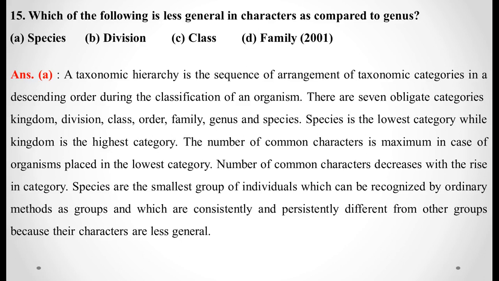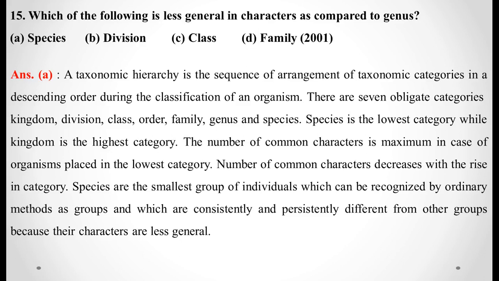Taxonomic hierarchy is the sequence of arrangement of taxonomic categories, or ranks, in a descending order during classification of organisms. There are 7 obligate categories ranging from kingdom, division, class, order, family, genus and species. Species is the lowest category, while kingdom is the highest category.